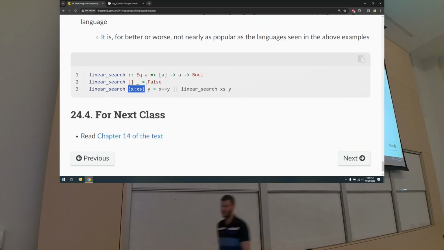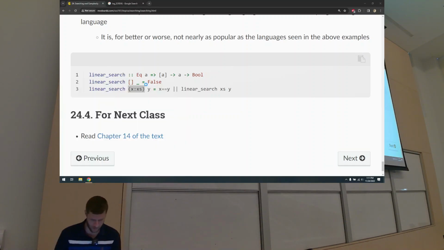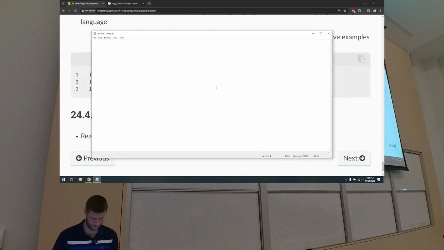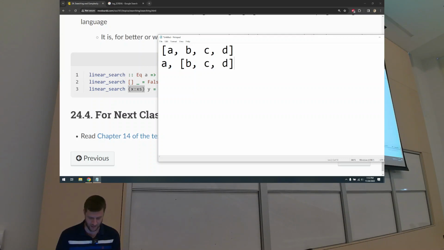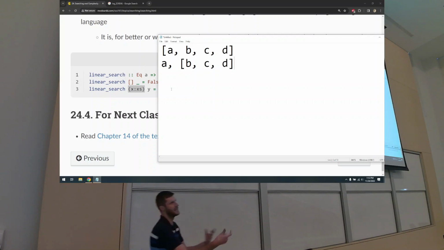So let me open up like Notepad or something. If I have the list like A, B, C, D, when I have this syntax, what it means is, okay, I've got A and B, C, D. Okay? That's what that syntax means. So I've got my list, and I've got Y. Y is the needle.